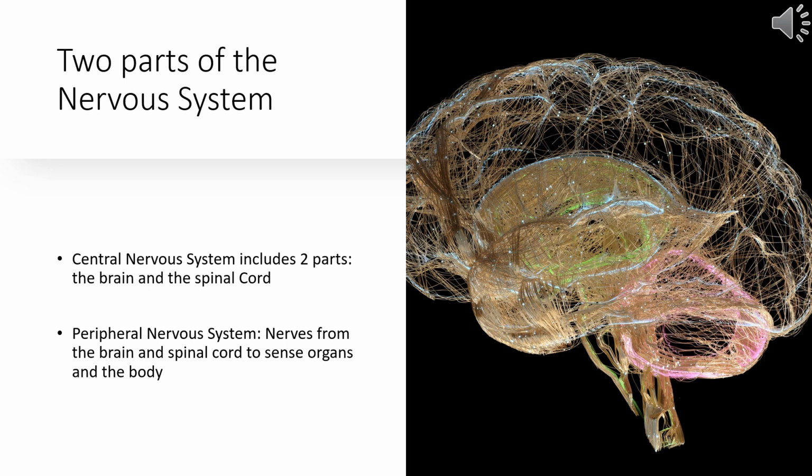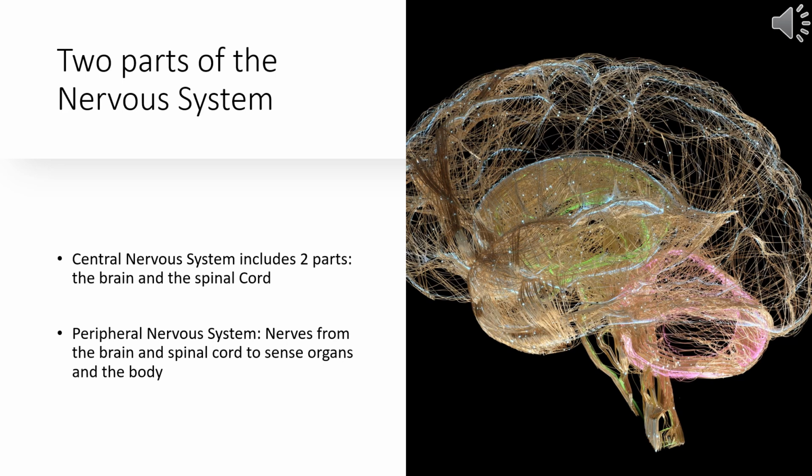The brain is surrounded by a skull, and the spinal cord is inside of a spinal column. The brain is also surrounded by meninges: the dura mater, pia mater, and the arachnoid matter.